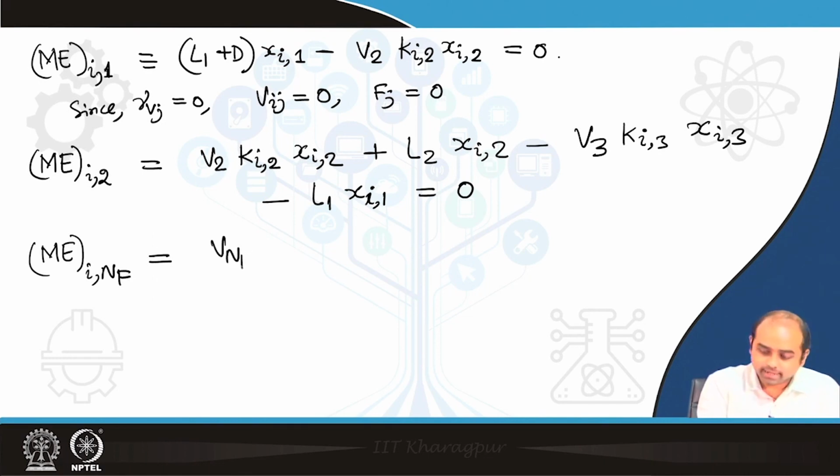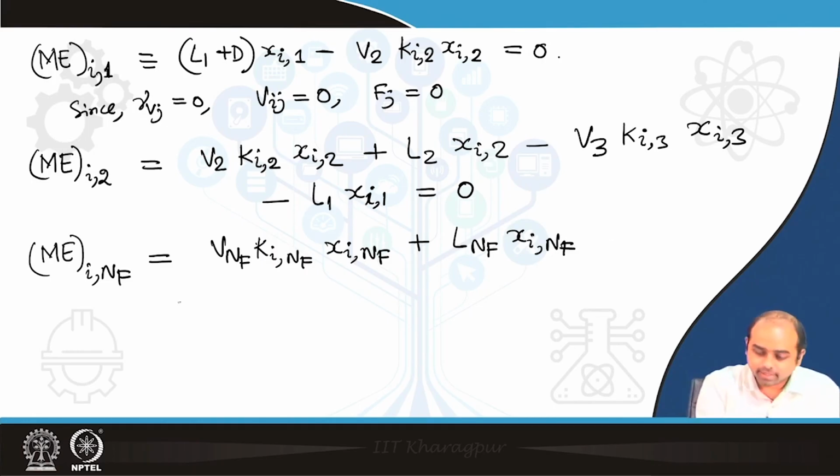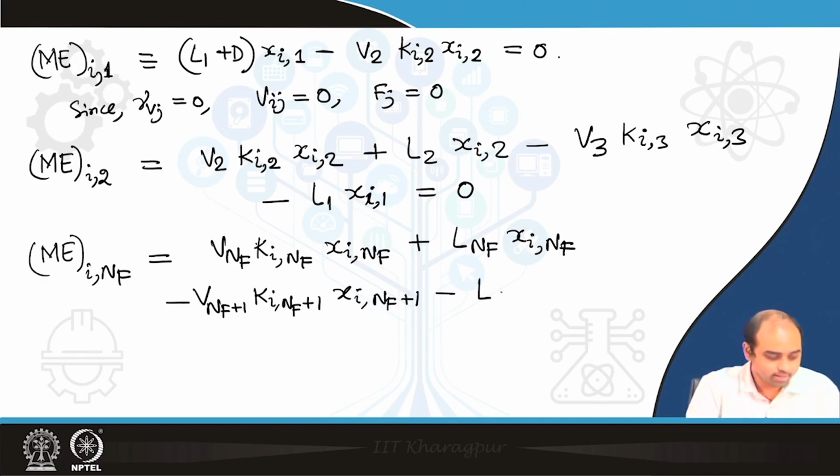So for the feed stage NF, VNF, KiNF, then you have XiNF plus, so all this would be same, LNF XiNF, minus VNF plus 1, KiNF plus 1, XiNF plus 1, minus LNF minus 1, Xi comma NF minus 1, isn't it?